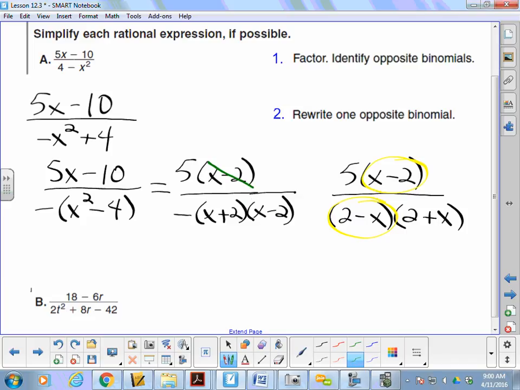So the x minus 2's are the same, so I can take them out. And I have 5 over x plus 2, and I'm going to put that negative sign out front. And then we'll still say that x cannot equal plus or minus 2, where the denominator is equal to 0.